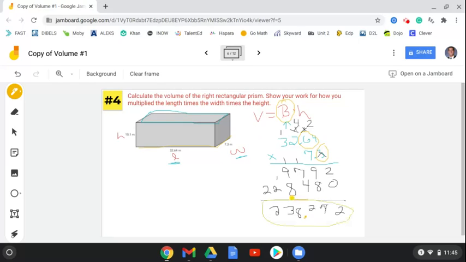Okay, so let's do that. I would have 238.272 times the height, which is 10.1. So multiplying by 10.1.